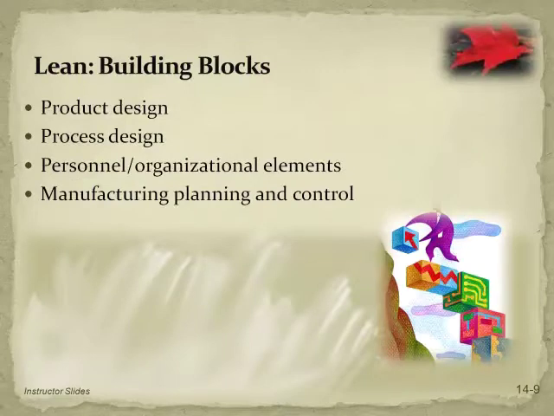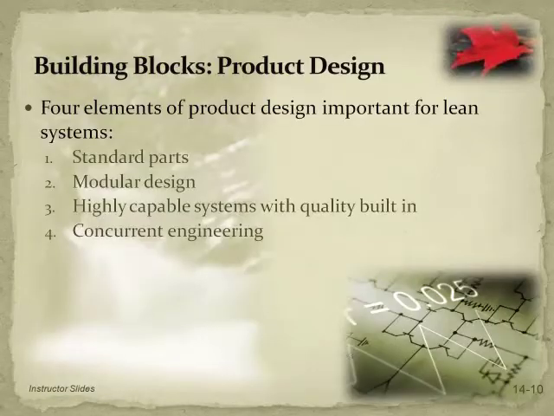So let's take a look at the building blocks that our whole lean system sits upon. As we saw in a previous slide, they are product design, process design, personnel organizational elements, and finally manufacturing planning and control. So we'll start with product design.